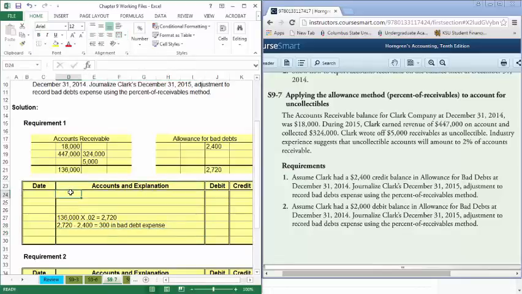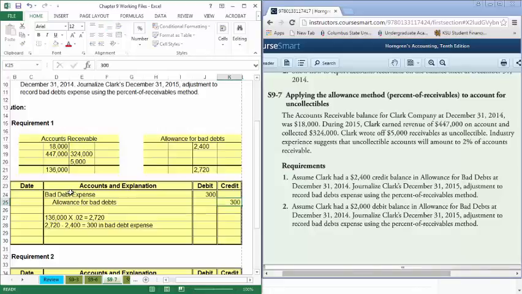All right, so then now we're going to debit bad debt expense, $320, and credit that allowance for bad debts of $320. All right, so that's the first one.